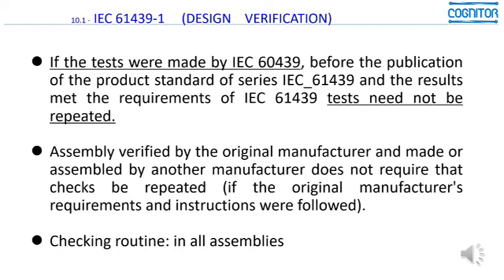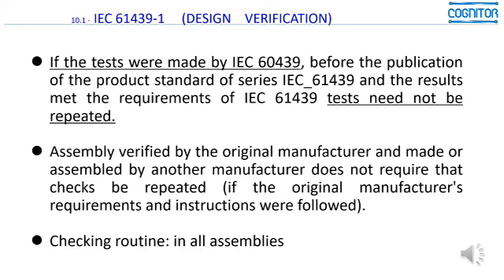This means that, let's say, one manufacturer in France, for example, does all the type tests of IEC 6439, or 6149, sorry, and if this manufacturer licenses other manufacturers all over the world to reproduce that design according to their instructions, the other manufacturers will not need to repeat all the tests.